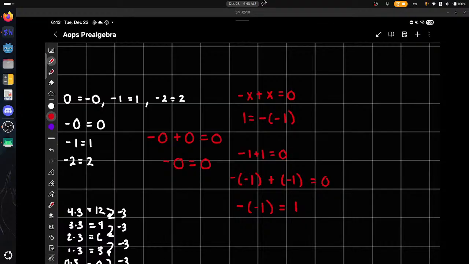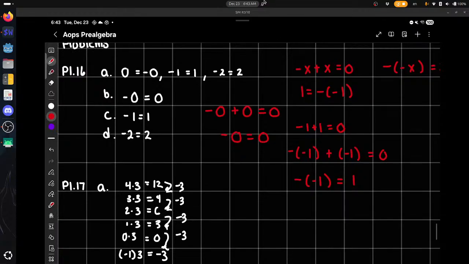Then we can safely conclude that this is the same thing, because x is really just the double negation, since that's just positive x. So we're just expanding numbers. So let's move on to D.